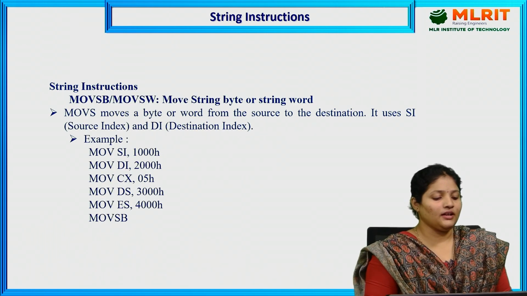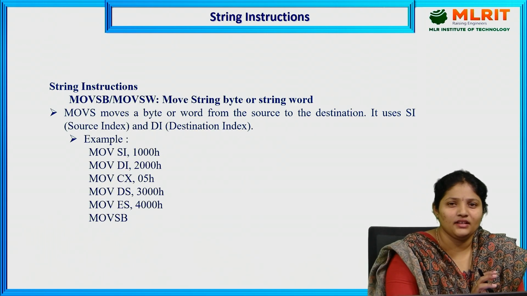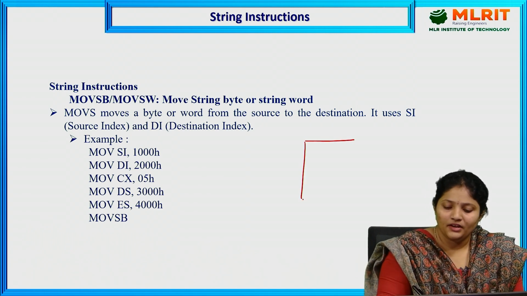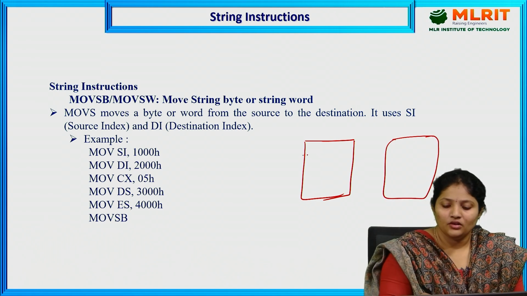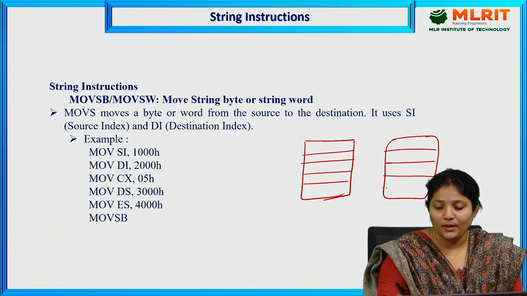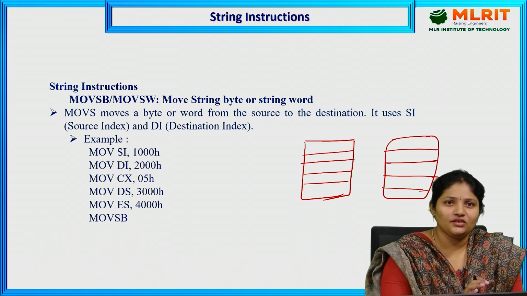Particularly when we are dealing with the string instructions, the strings will always be stored in the memory of the microprocessor. When we are performing string operations, there should be two memory locations.